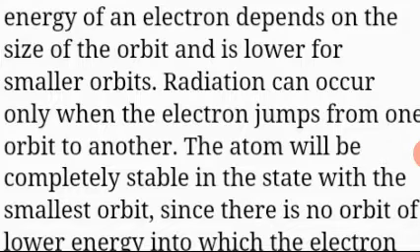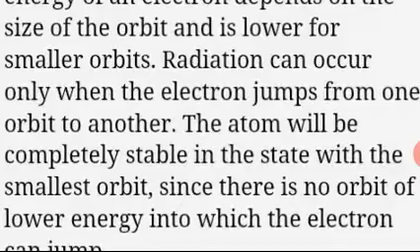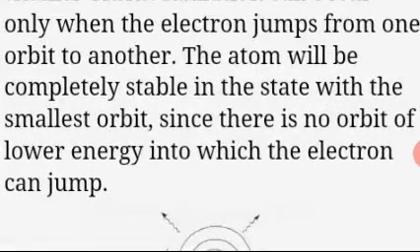I told you, the electron moves from a lower energy orbit to a higher energy orbit by absorbing energy. When an atom gains energy by heating, the atom will be completely stable in the state with the smaller orbit, since there is no orbit of lower energy into which the electron can jump.